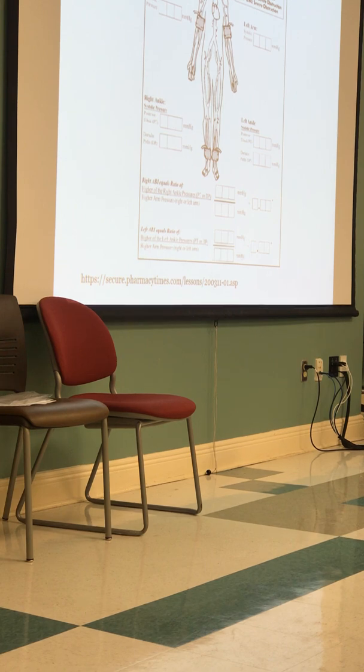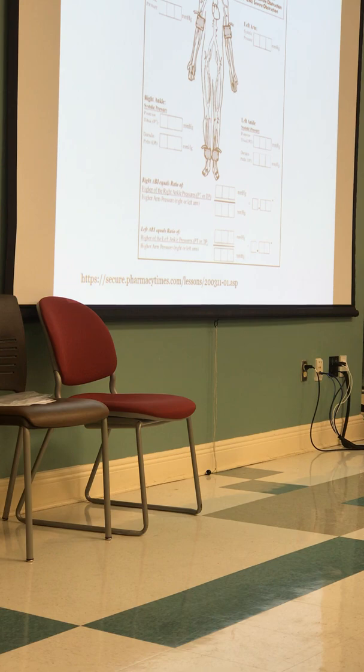Okay? So an ankle brachial index, 90 is normal. 71 to 90 is mild obstruction. 41 to 70 is moderate obstruction. And anything below 40 means that there's severe obstruction and that patient needs to have surgery or correction.